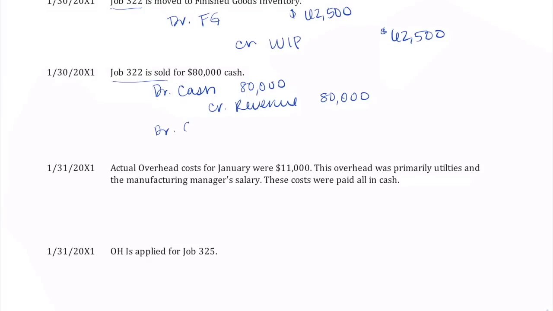So we record cost of goods sold. What should cost of goods sold be? Whatever it cost us to acquire that inventory. It was $62,500 for us to acquire that inventory. How did we acquire it? We made it. And then the credit is a reduction to finished goods. It's not there anymore. We sold it.